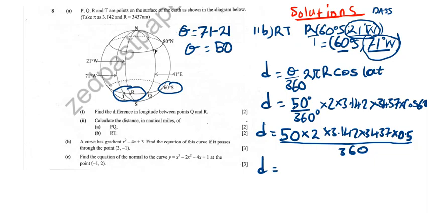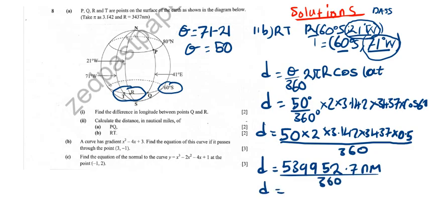I'm getting, you write this number, which is 53952.7 Newton meters over 360, and then you divide.